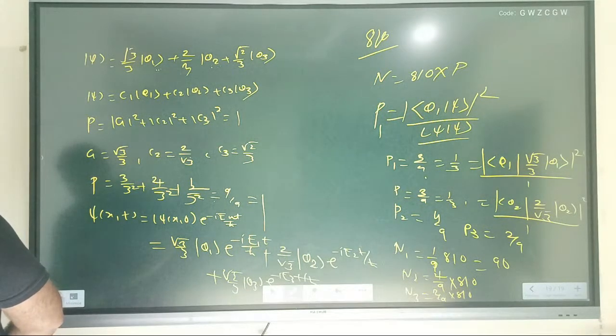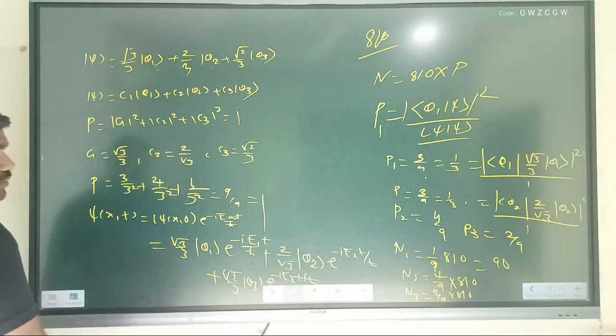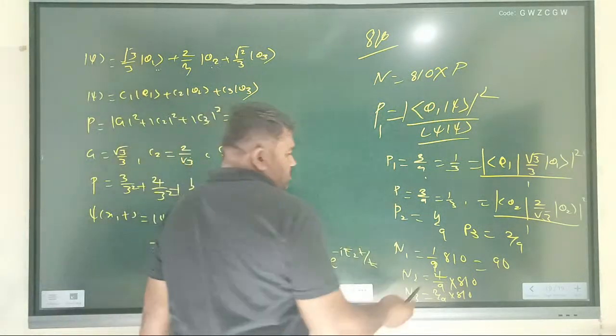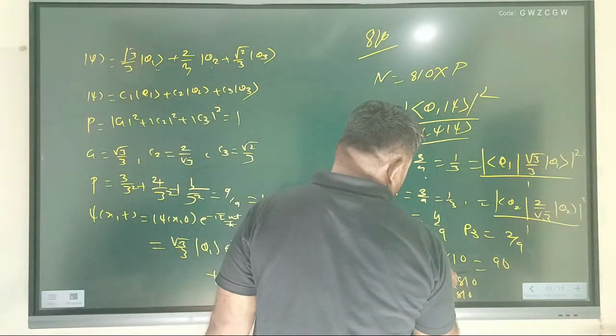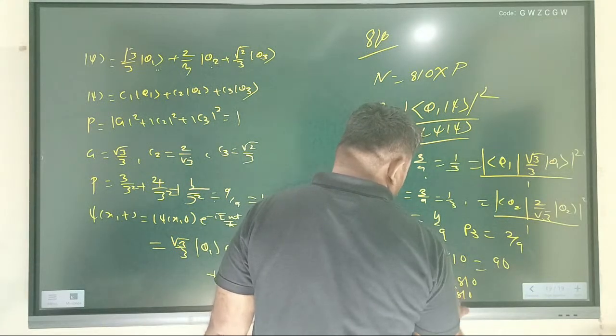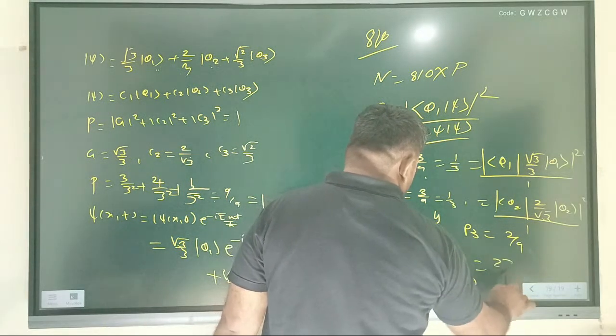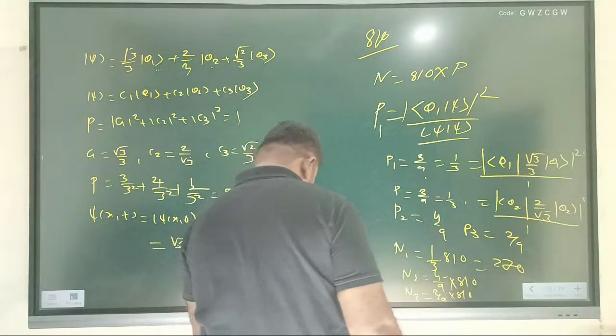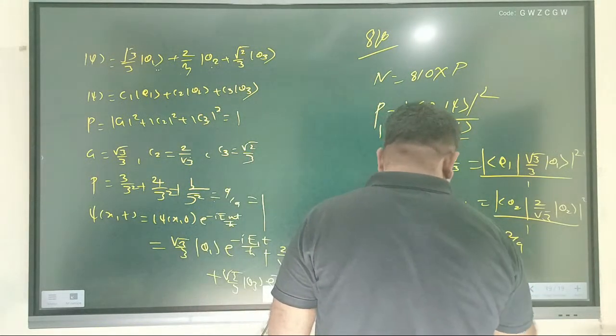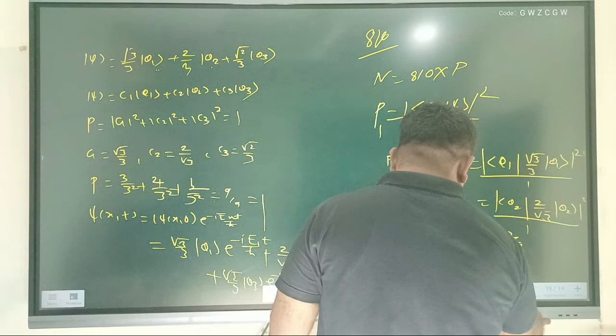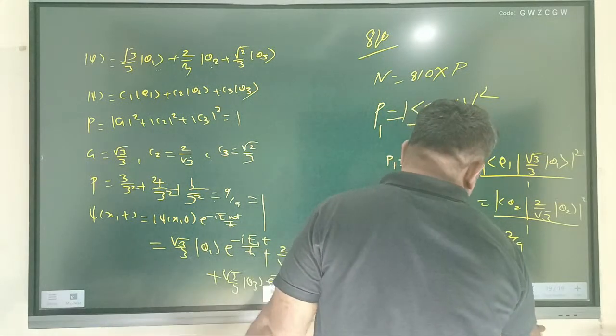Sorry, 1 by 3 is there, not 1 by 9. This is 1 by 3, so this becomes 270. The next part gives 360, and the next is 180.